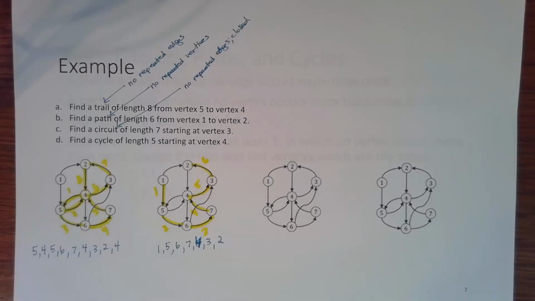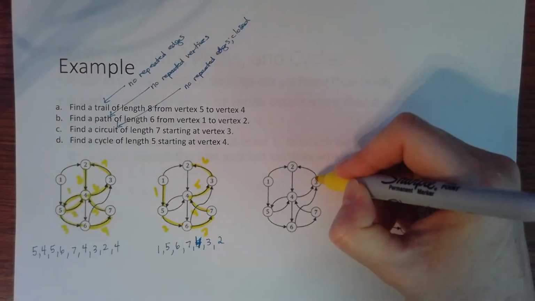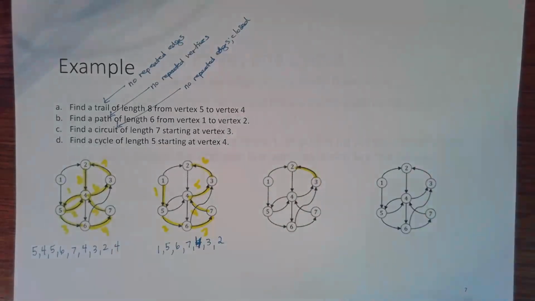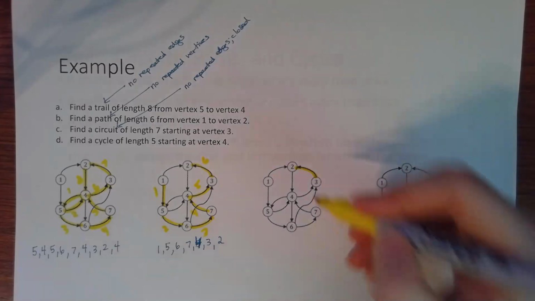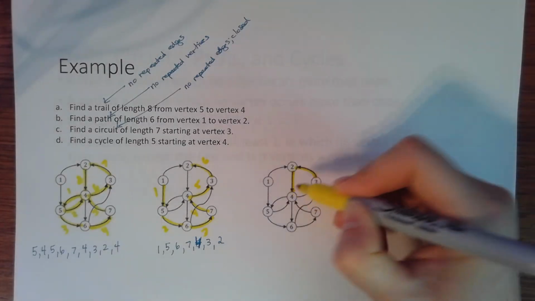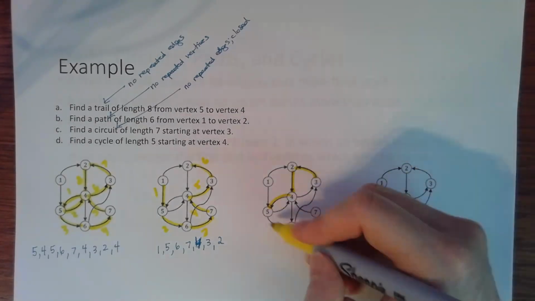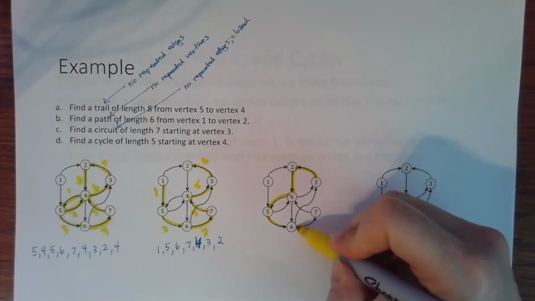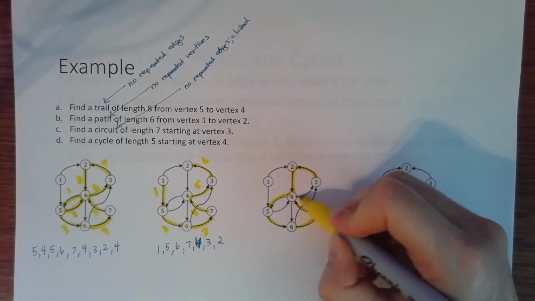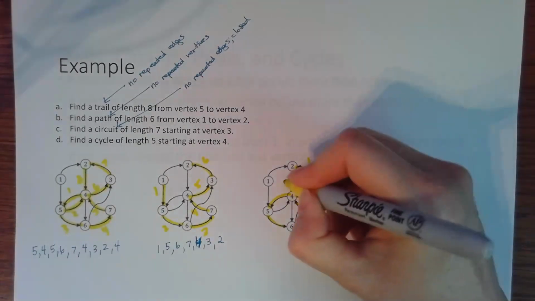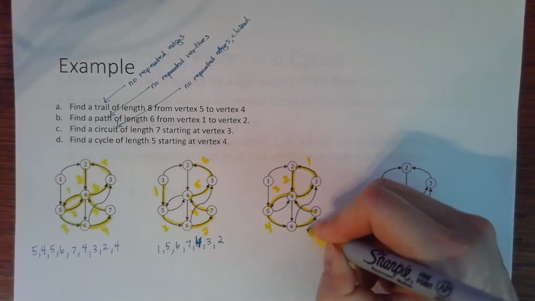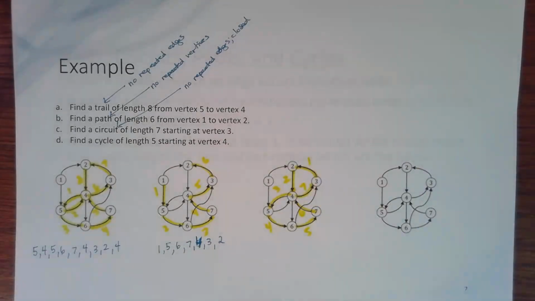From vertex 3, we could go here, that would be 1, and then 2, 3, 4, 5, 6, and back here would be 7. So that's 7 different edges. There you stop and start at 3.